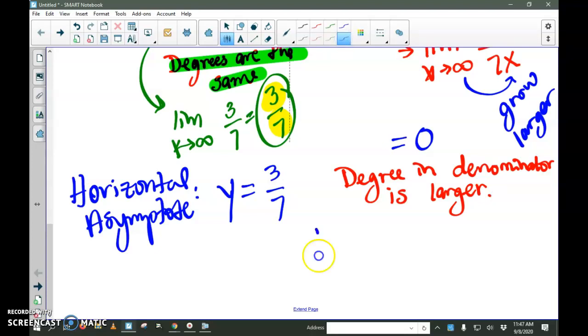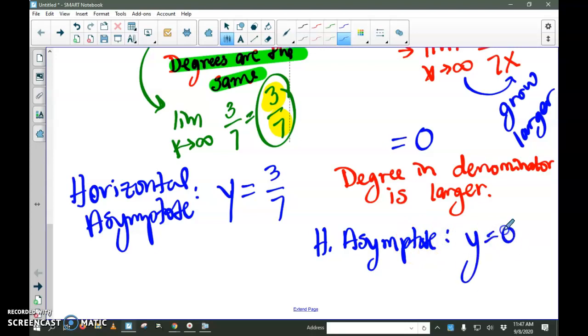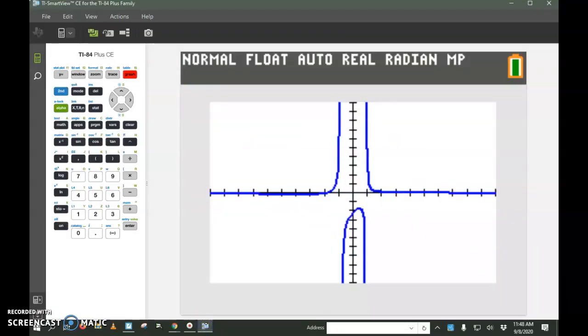I do have a horizontal asymptote then, okay, at y equals 0. So again, anytime I get this numerical output, that would result in a horizontal asymptote. And we saw that when I graphed it for you, that as x approaches infinity, or as x moves to the right, my y values are approaching 0.